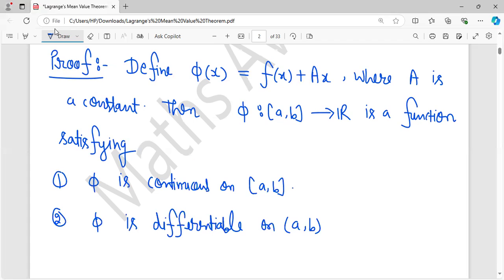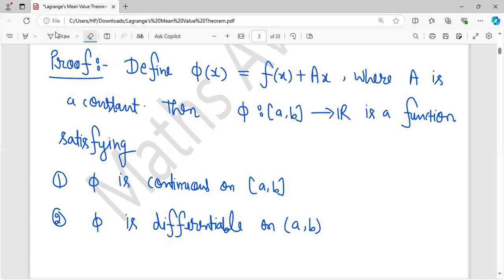Because we are assuming that f is continuous on closed interval [a, b] and differentiable on open interval (a, b), and we are just adding a constant multiple of x to f, phi is continuous as well as differentiable on open interval (a, b).